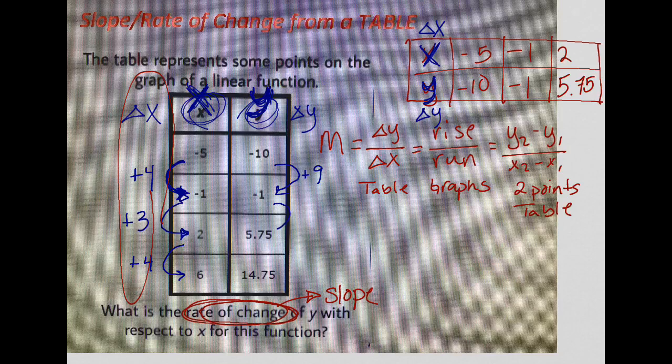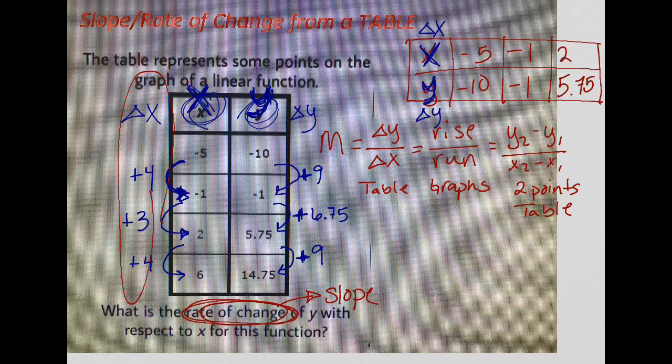From -1 to 5.75 would be an increase of 6.75 units. And then from 5.75 to 14.75 would be an increase of 9 units. Remember, when I say increase, I mean plus. If I said decrease, that would be a minus, and having those units are very helpful, the plus and minus.